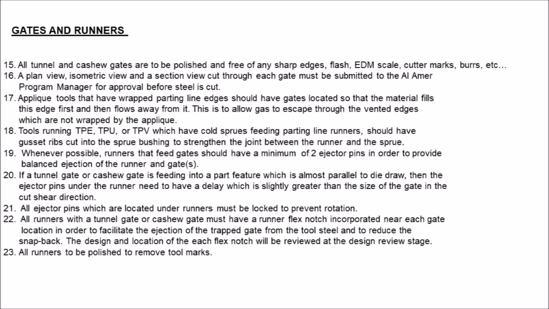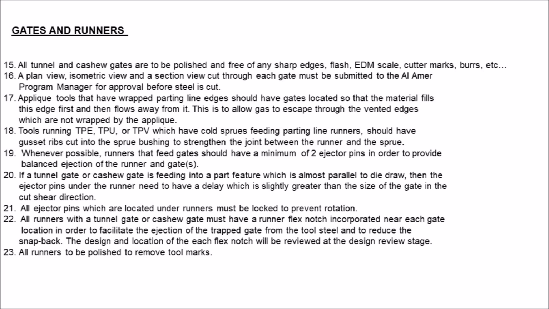If a tunnel gate or cashew gate is feeding into a part feature which is almost parallel to die draw, then the ejector pins under the runner need to have a delay which is slightly greater than the size of the gate in the cut shear direction. 21. All ejector pins which are located under runners must be locked to prevent rotation.